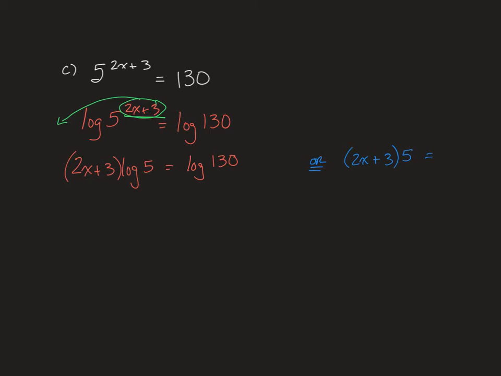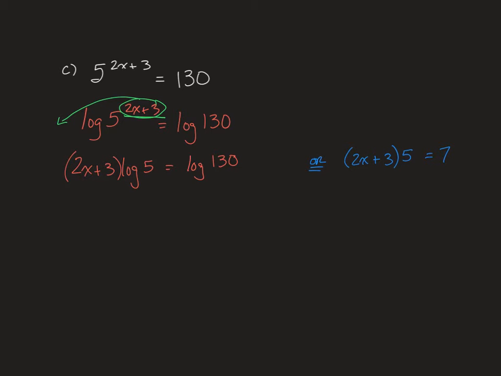And let's replace my log 130 with an easier number, 7. I want you to take a peek that those 2 equations in red and blue are the same. Log 5 is a number, an ugly number, but just a number. As well, log 130. So in blue, you'll see I just replaced them with 2 other numbers that are easier to work with.